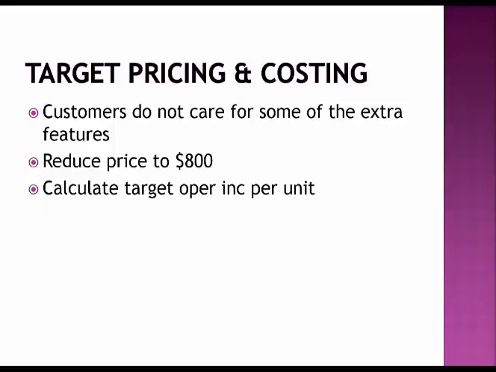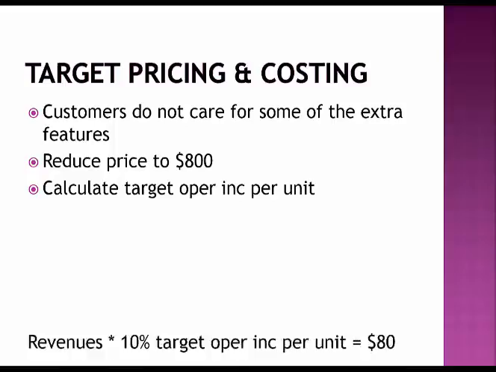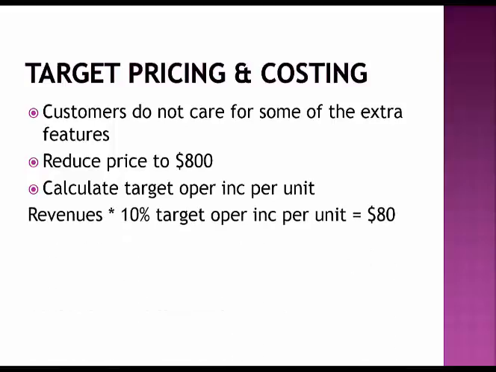So we've got our target price of $800. Now we need to calculate what cost do we need to be able to do this product for. All right, so revenues times 10%. 10% is our target operating income per unit, and therefore that comes out to $80.